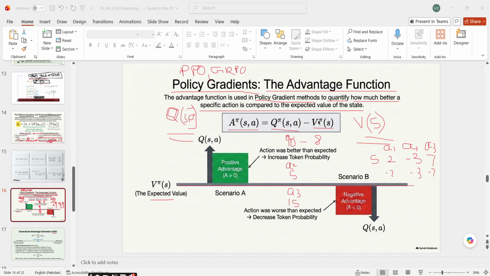V of S represents the average value that we normally get whenever we are in the state S. So in order to calculate the advantage, we subtract the state value from the action value, so we can estimate how good this action is compared to what we normally expect from a state.